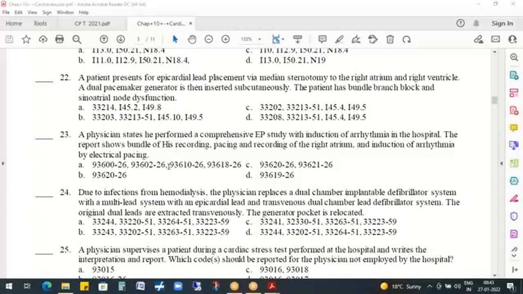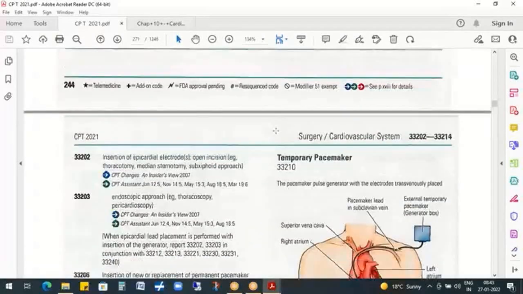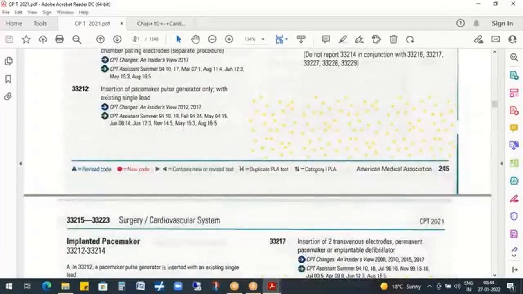Are you there, everyone? 35301. Code description. Yes, sir. Come to page number 243. Sorry, I will tell you the codes. 34001.